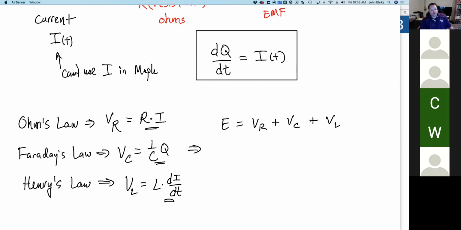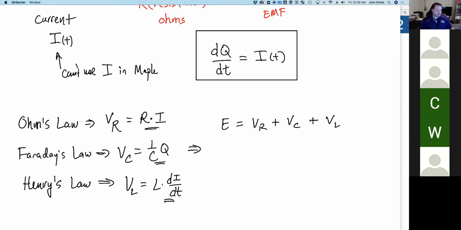Now, this is ideal. So this is an ideal model. In the real world, you have insulation and things like that that try to make it ideal, but you will lose small amounts of voltage in your circuit if it's not in an ideal case. So this is the ideal case.